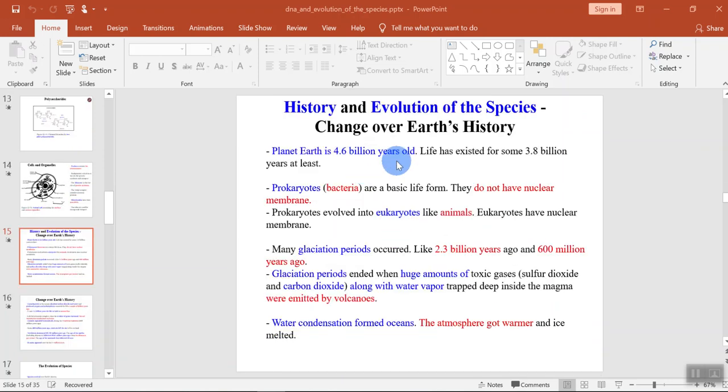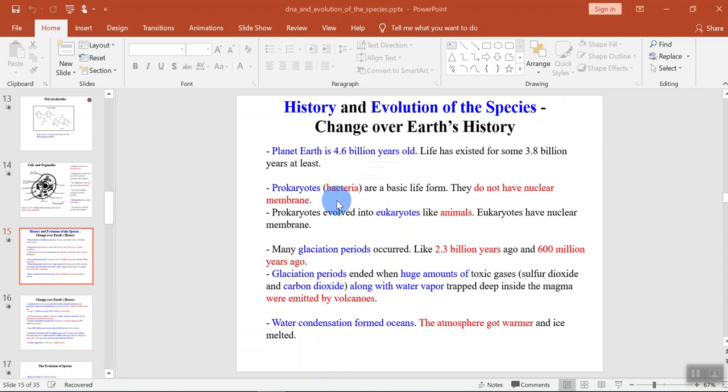Okay, so history and evolution of the species, change over Earth's history. Remember that planet Earth is some 4.6 billion years old, and life is split into 3 kingdoms.